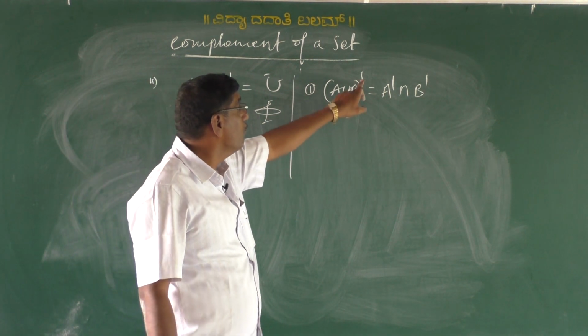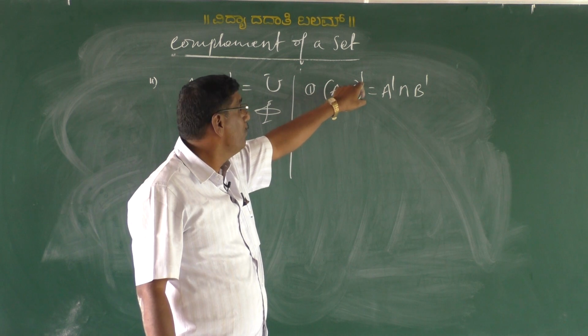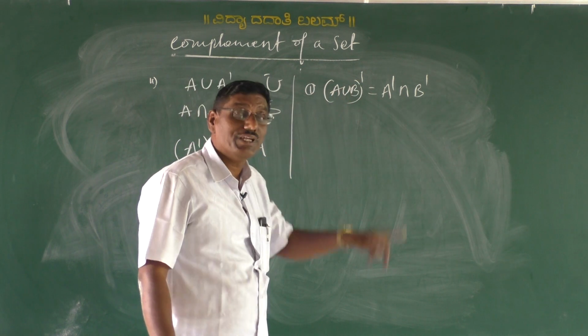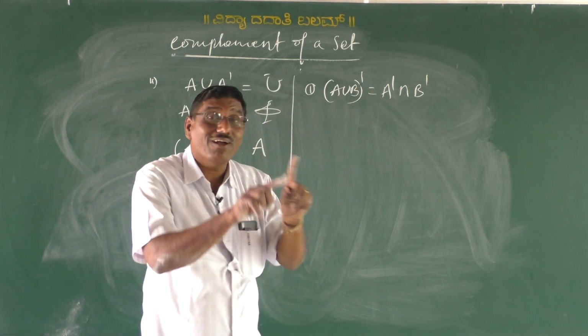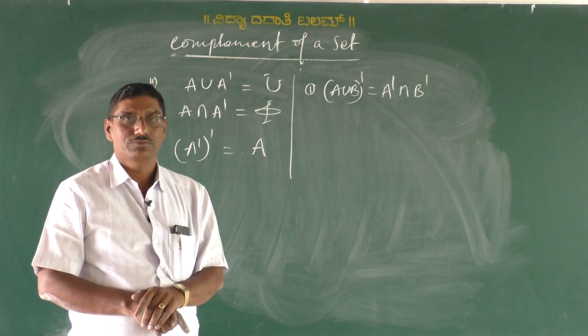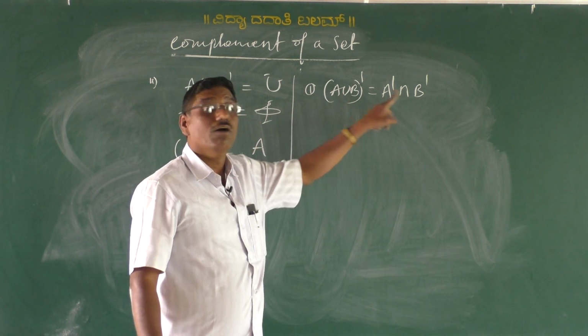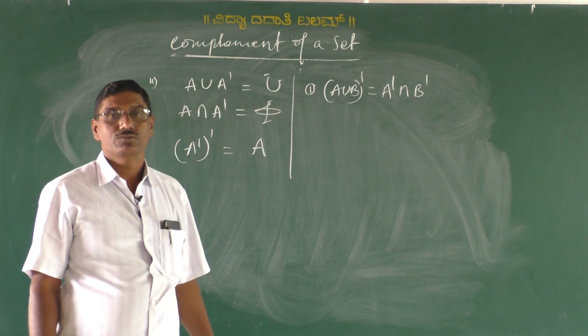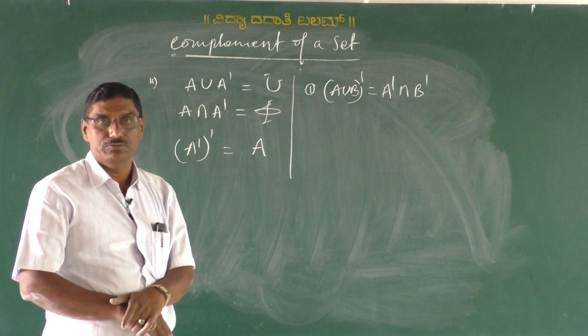The complement of the union of two sets can be written as the intersection of their complements. To remember, we change the operation. Union becomes intersection, and we should keep that in mind.